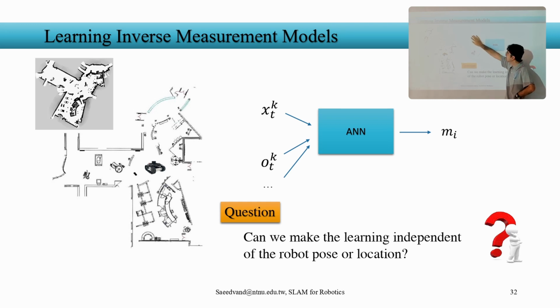The question is, can I remove this pose as input? How? The answer is yes. How? You can guess it from the observation, so you don't need it. Yeah, very close.